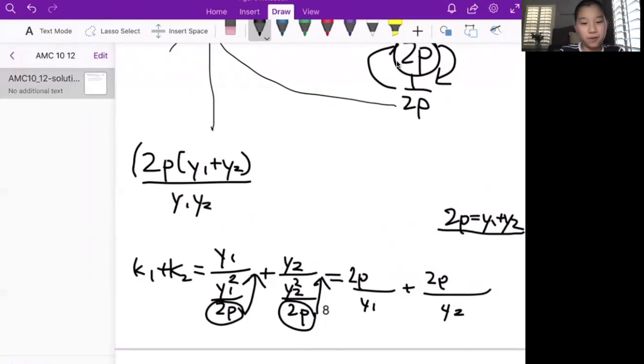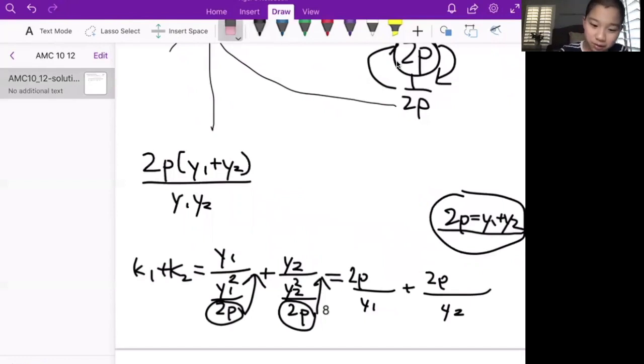And you do some factoring with the 2p and y1 y2. So we know from this equation that 2p is just equal to y1 plus y2. So we can replace this 2p with y1 plus y2, which would make this (y1 plus y2) squared over y1 y2. So now we need to find the minimum value of that.